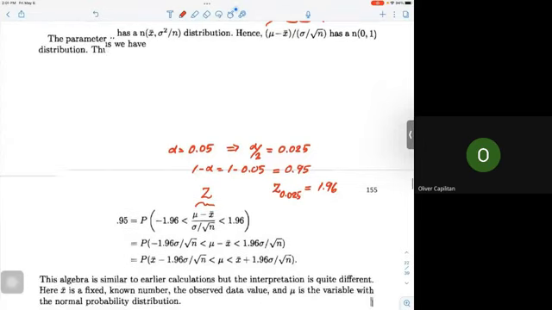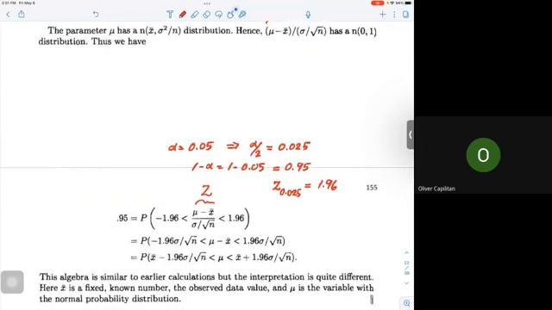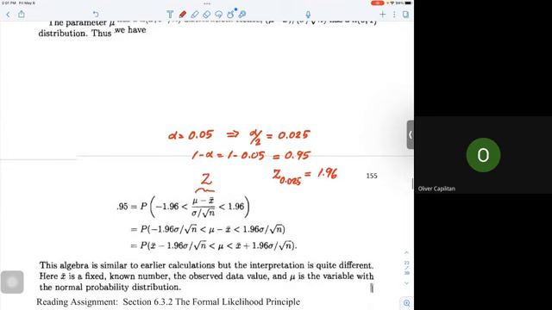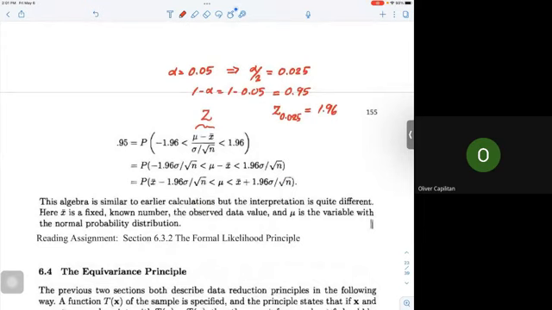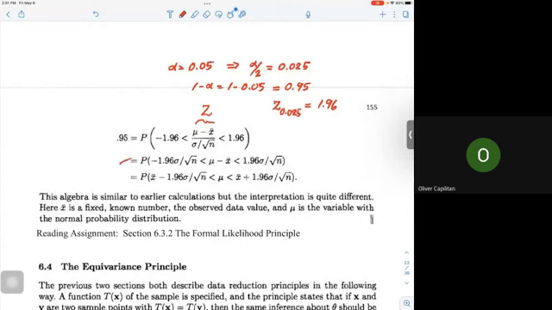So we can have this equation now, that 0.95 is equal to the probability that z is greater than negative 1.96 but less than 1.96. So simplifying what is inside the parenthesis, then we have this result. And then we have here the third result, the probability that our parameter mu is greater than x bar minus 1.96 sigma over square root of n, but less than x bar plus 1.96 sigma over square root of n.